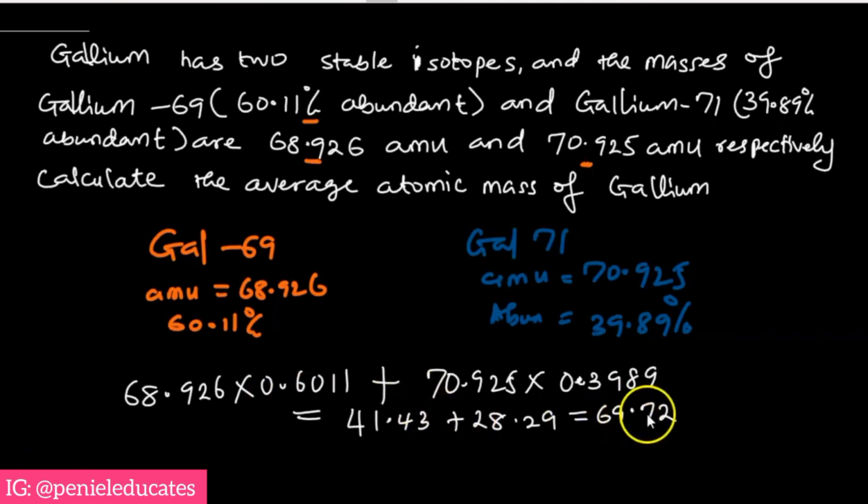If you do this calculation, it's going to give you 41.243 plus 28.29, which is 69.72. You discover that this particular value, 69.72, is very close to this atomic mass. This is the relative atomic mass, or the average atomic mass, or the weighted average, or the atomic weight.